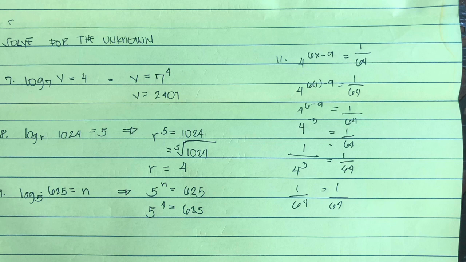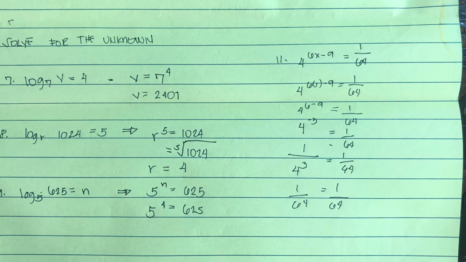Solve for the unknown. Here we have number 7, logarithm of v base 7 is equal to 4. To solve for the unknown, we need to know that the base is the whole number and the answer, or 4, is the exponent if we extract that.